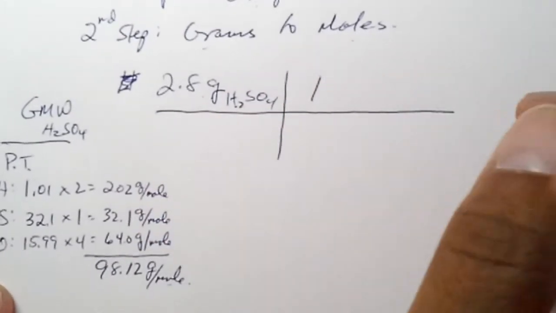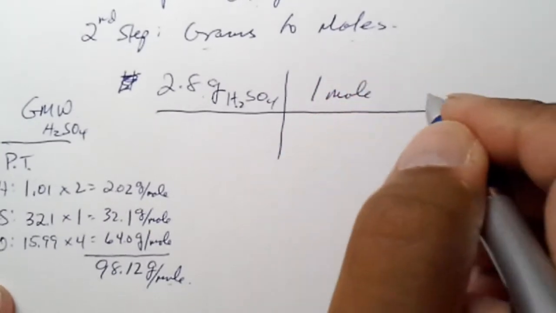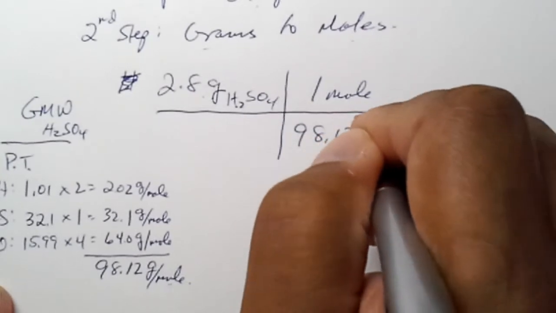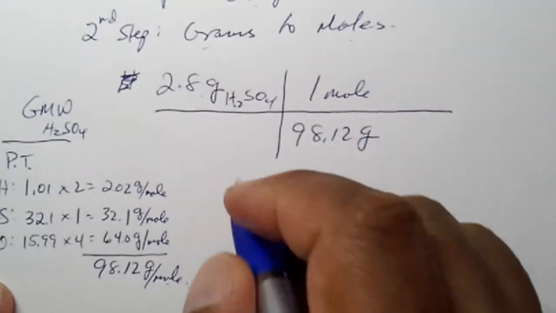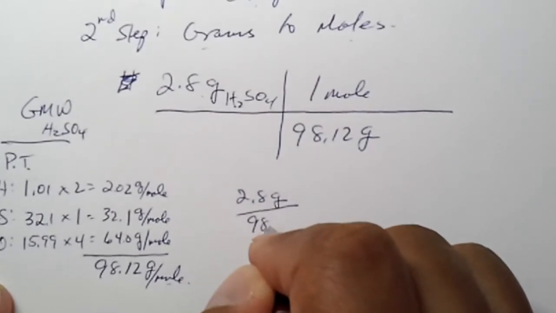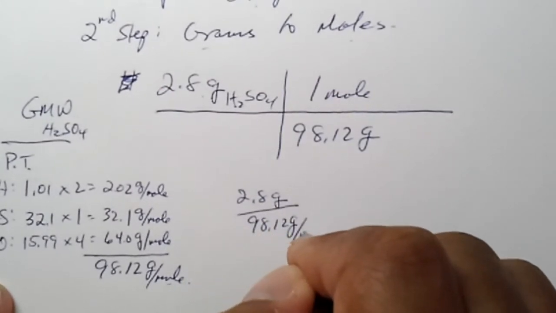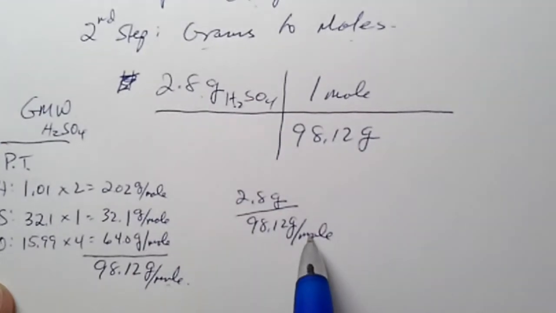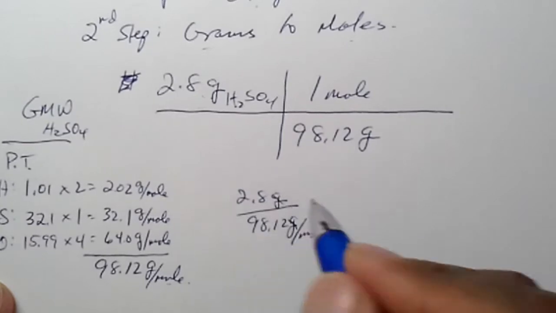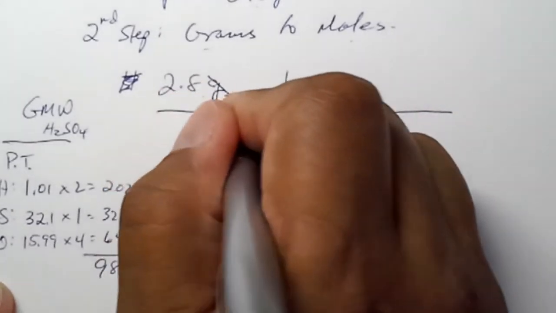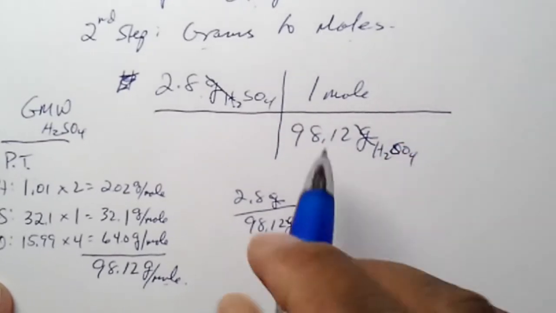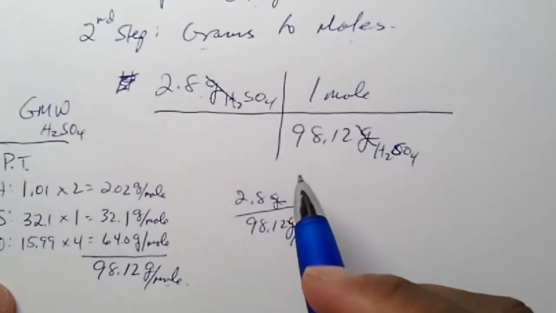So I'll say 1 mole per 98.12 grams, which is the same as saying 2.8 grams divided by 98.12 grams per mole. The unit of grams is going to cancel out in both cases. Grams cancel. H2SO4. It's easier to see in this grid mode.